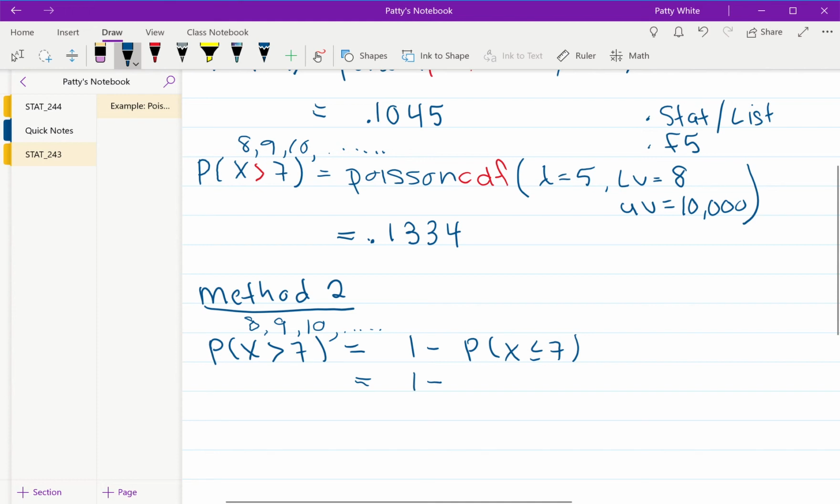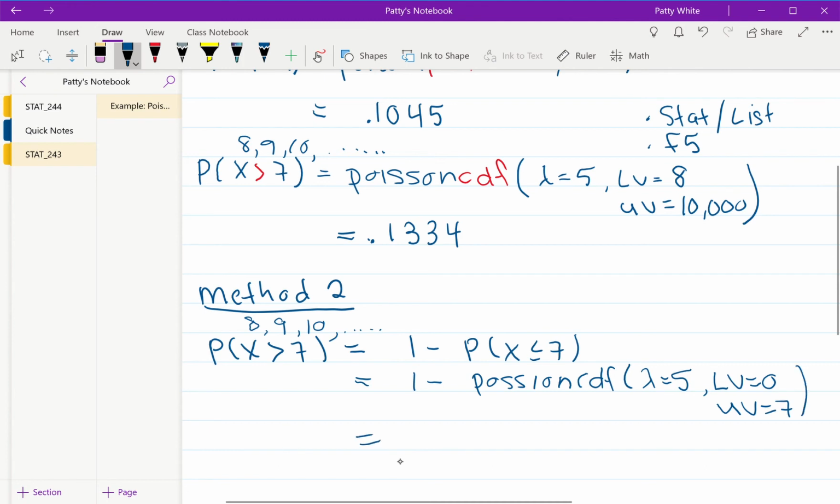Then I could use the Poisson CDF, and I would say my lambda is equal to 5, my lower value is equal to 0, and my upper value would be equal to 7.